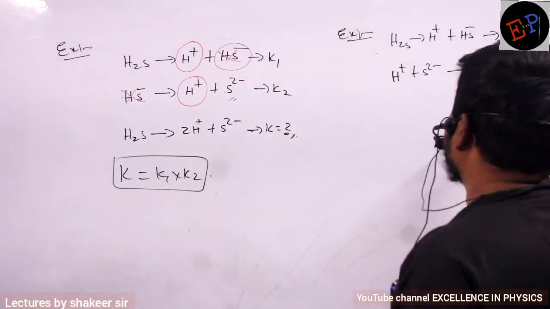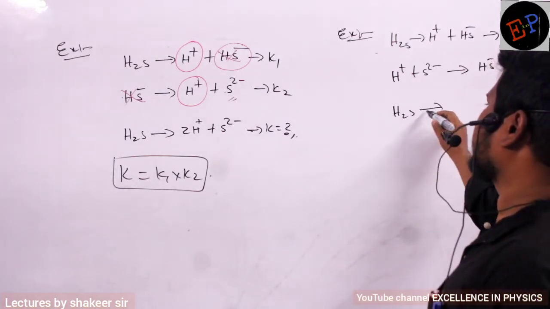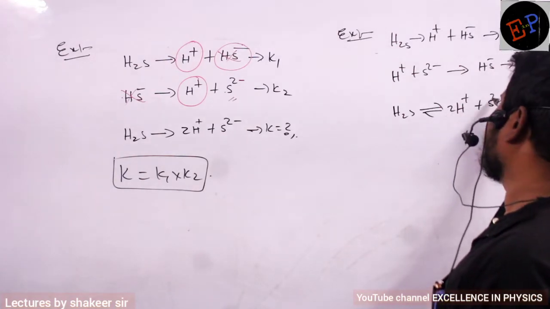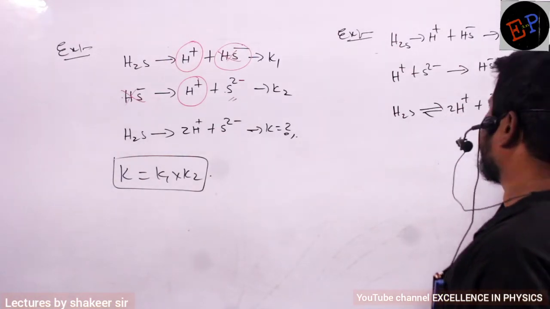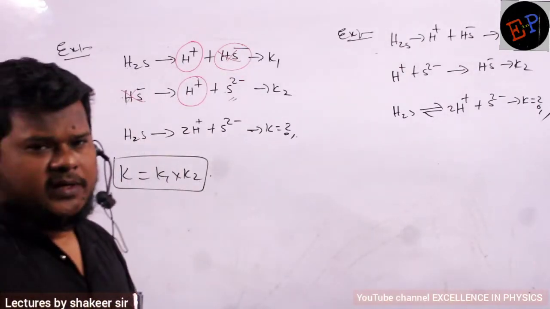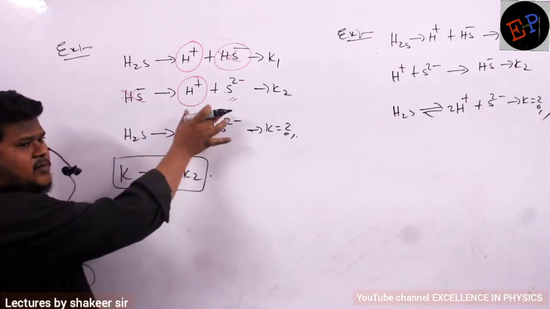For this one, the equilibrium constant is K2. And finally H2S got converted into 2H+ plus S2-. What is the equilibrium constant of this reaction? K1 into 1 by K2. That's all.